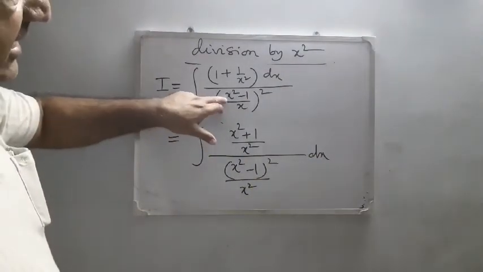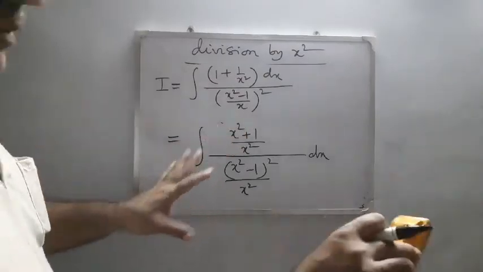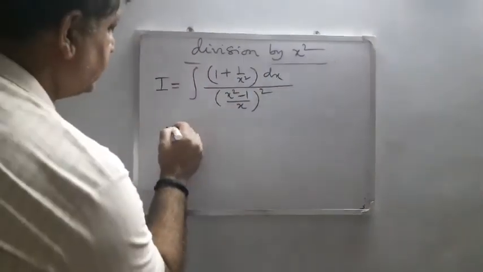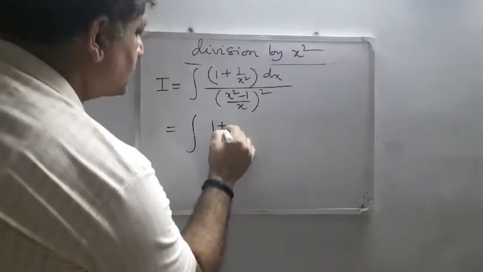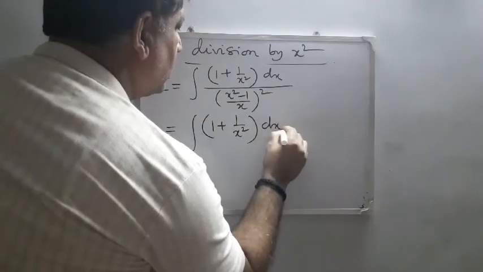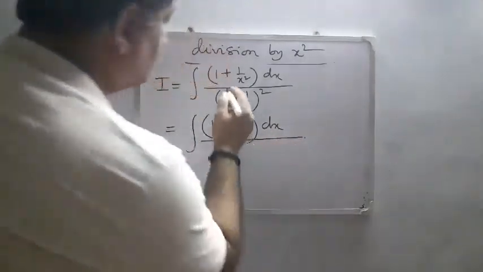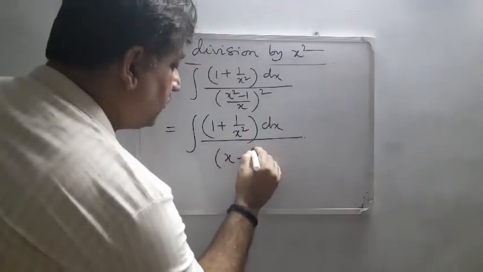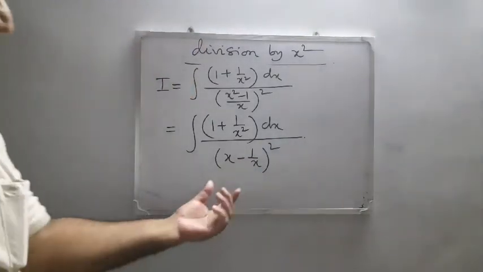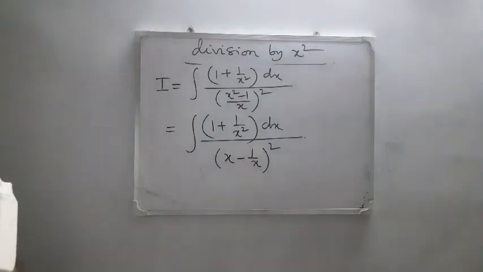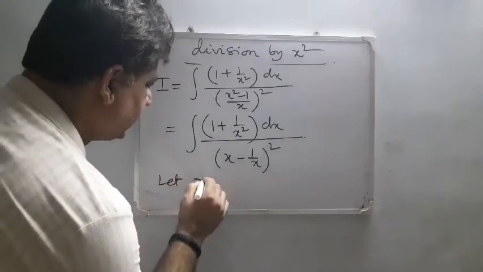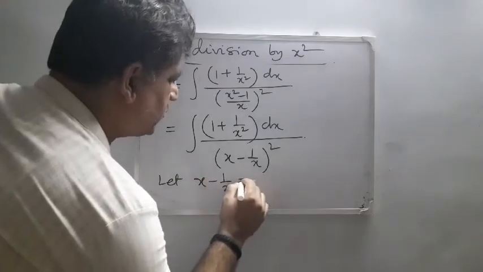Now break this value also in two parts. You will find that this becomes integral of 1 plus 1 by x square dx divided by x minus 1 by x whole square. Now boys, let x minus 1 by x be equal to z.